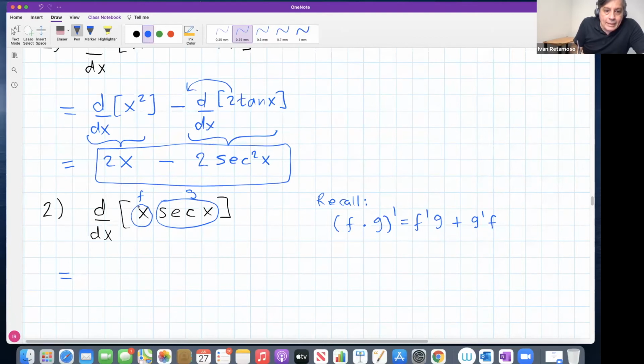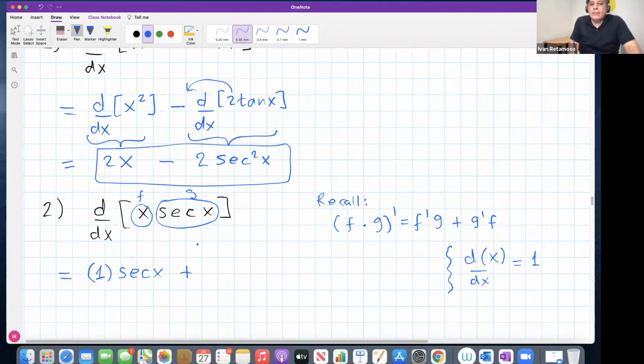Derivative of this guy x, since it's just the identity function, is equal to just 1, right? 1 times the second function as it is, secant of x, plus the derivative of the g function, the derivative of secant of x.